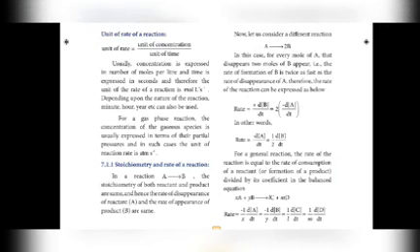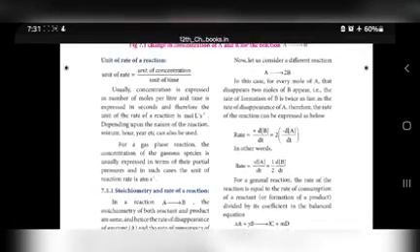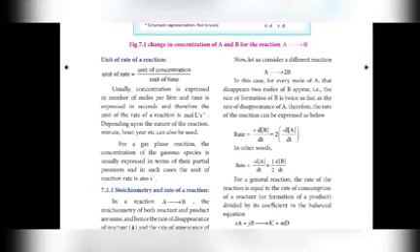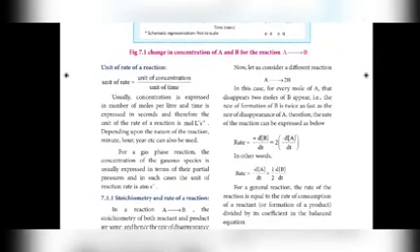That's all children. In this page we learn unit of rate, moles per liter per second, and atmosphere per second. These are very important 1 marks, please note it. And in stoichiometry and rate of the reaction, they gave 2 reactions, one is A gives B, another one A gives 2B.